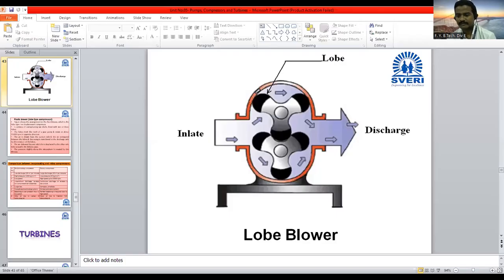Whatever is required I have played here: how these root blowers and their lobes rotate, how the air gets compressed and its pressure increases, and how that pressurized air is delivered out through the casing.